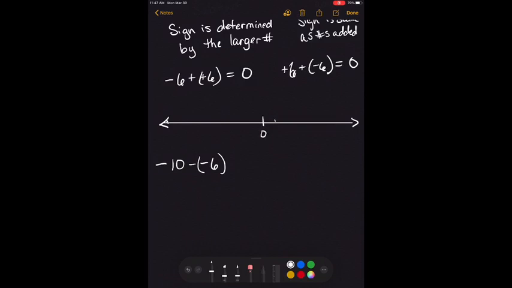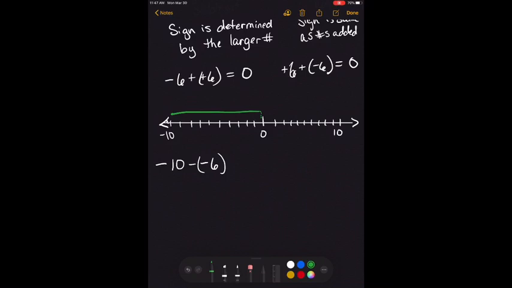So if we start at 0, here's 10. And here's -10. All right, so this is how we would draw it. We're going to go from 0 to -10.